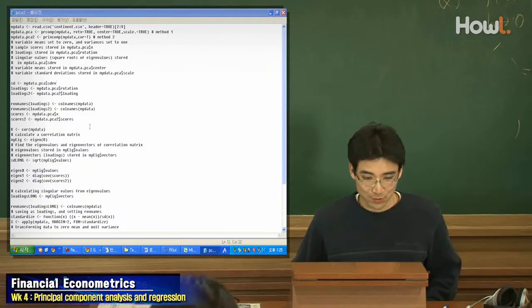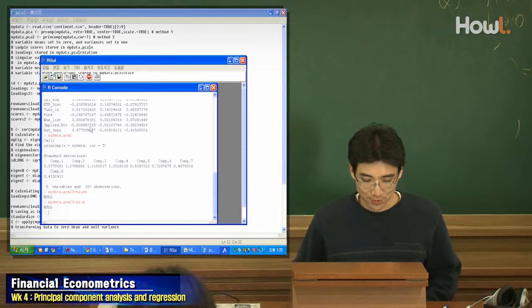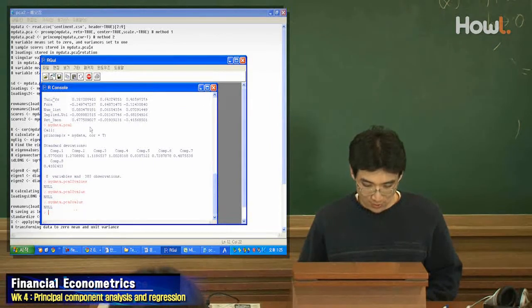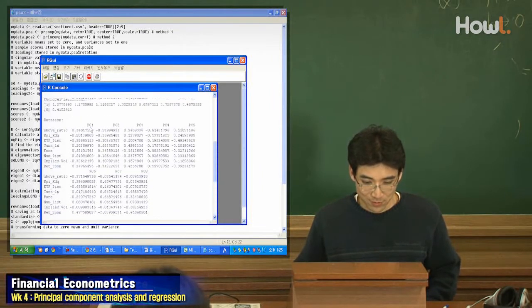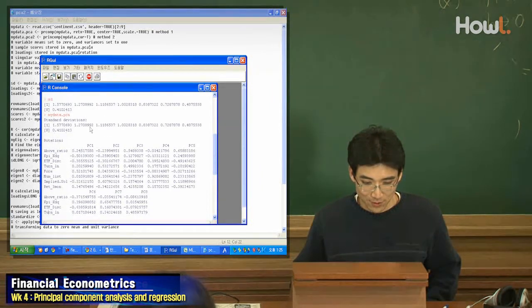PCA2. Scores. Okay, and then standard deviations.